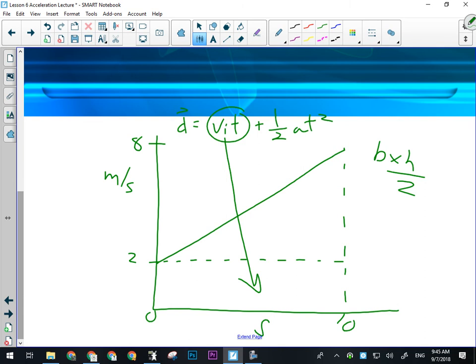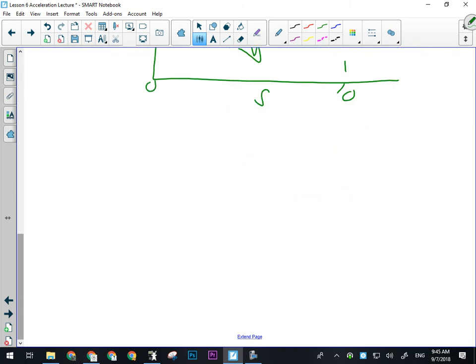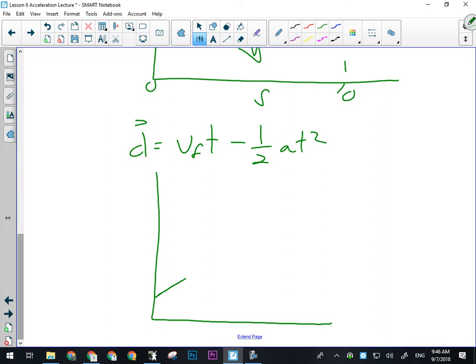The next formula works the same way, except it starts with VF. So we've got D equals VF times T minus 1/2 AT squared. So if we're looking at that same graph, what it's saying is take the final velocity, that's this number here, and multiply it by time.